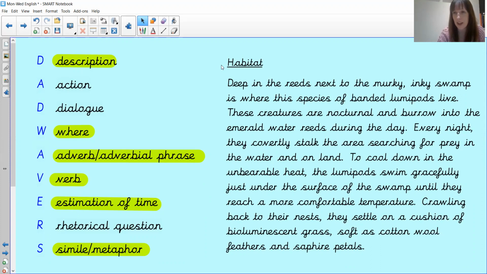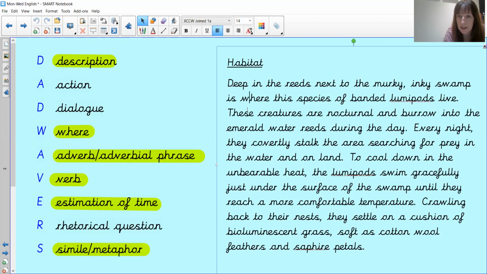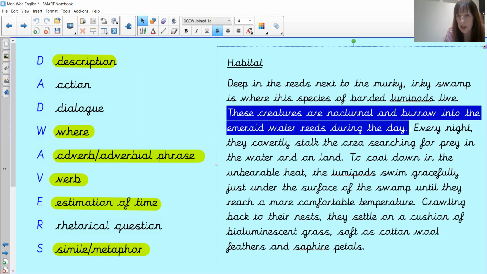Right, okay, so let's go through it. Can anyone see where my description is in there? You might think there might be a couple of examples, but the one I was thinking about when I was writing it is this one here. These creatures are nocturnal and burrow into the emerald water reeds during the day.